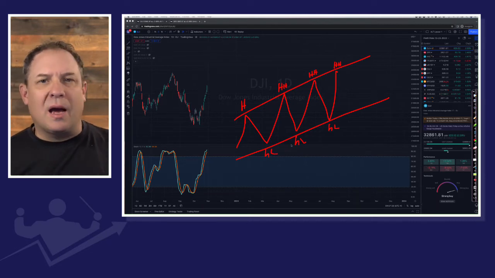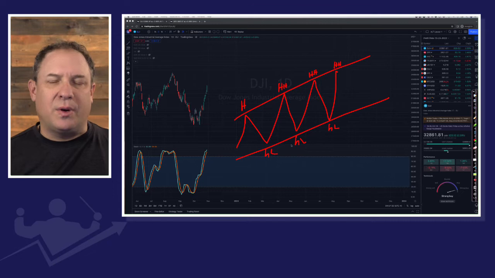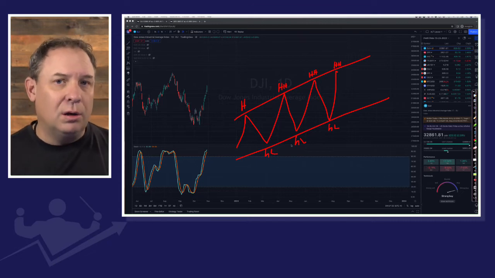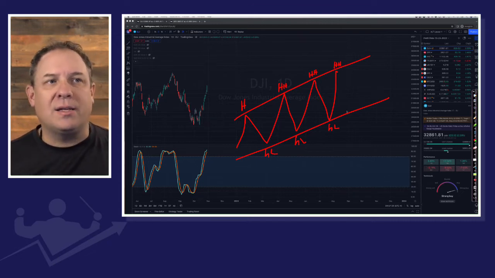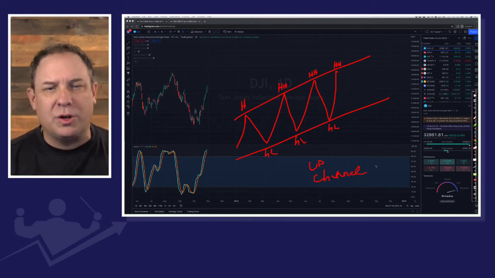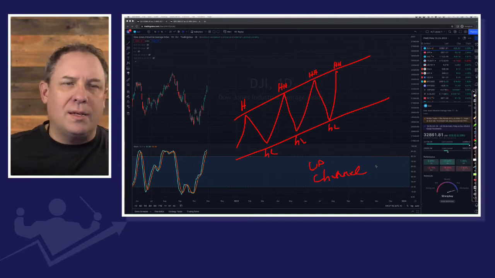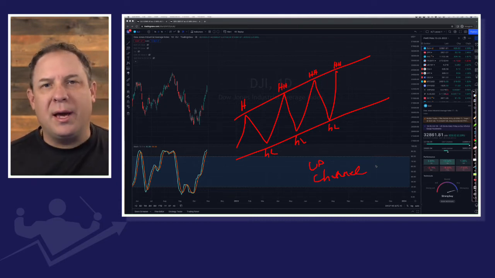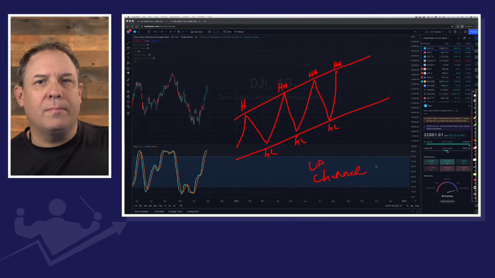Well, now we've got a stock moving sideways between support and resistance in a predictable repeating pattern. That's the channel. It's a stock making higher highs and higher lows. That's a bullish trend. So this is what we call an upward channel. By definition, because of the higher highs and higher lows, it's also a bullish trend. But because it's in that pattern behavior, it's an upward channel. See that?